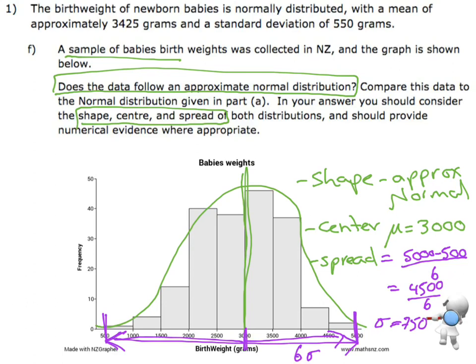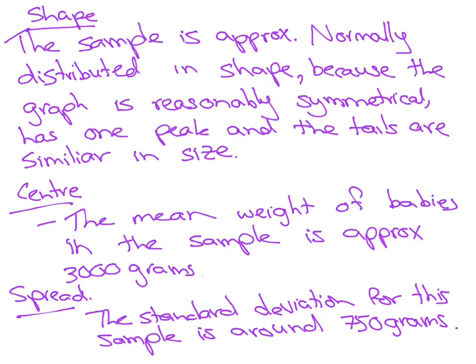The question says, does the data follow an approximate normal distribution? Yes, it does. So that's a sentence I just want to add on the end here. This is approximately a normal distribution.